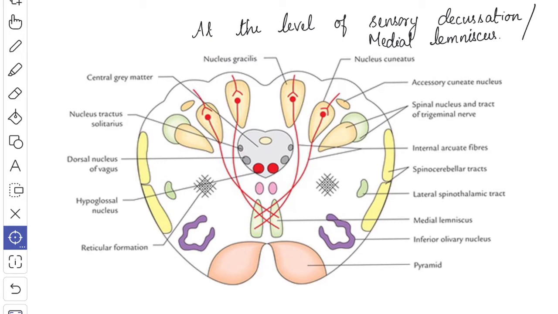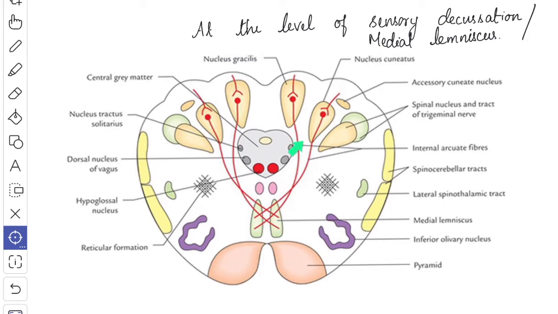The next feature you can see is the internal arcuate fibers. These fibers arise from the cells in the nucleus gracilis and the nucleus cuneatus. So they are the second order sensory neurons conducting the sensation of discriminative touch, position and vibration.